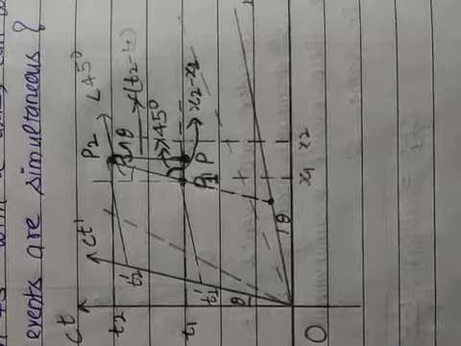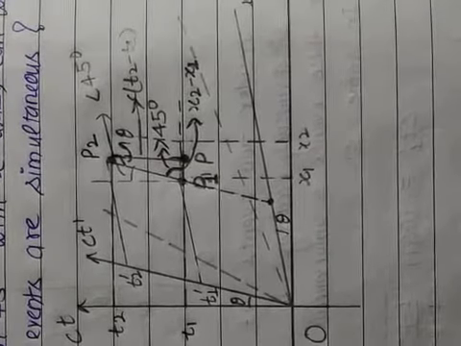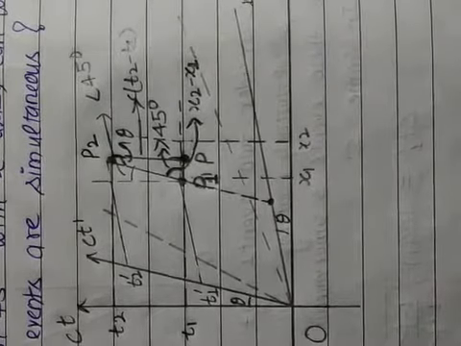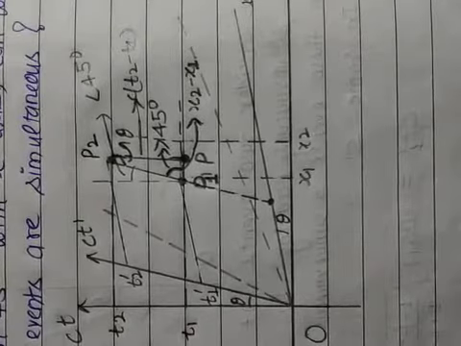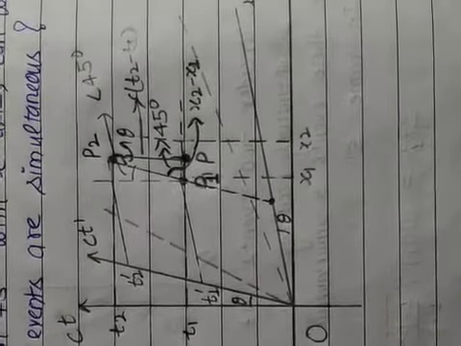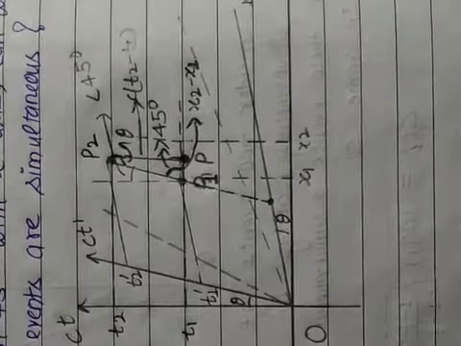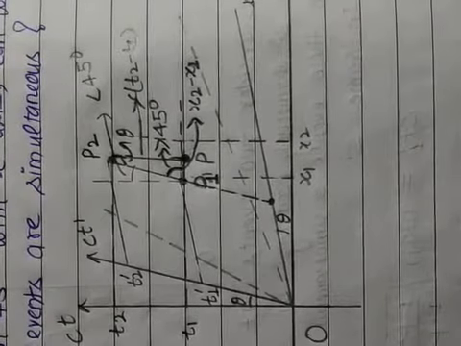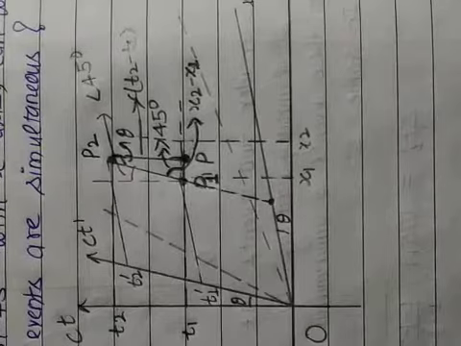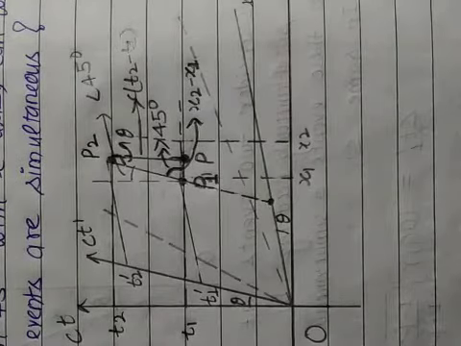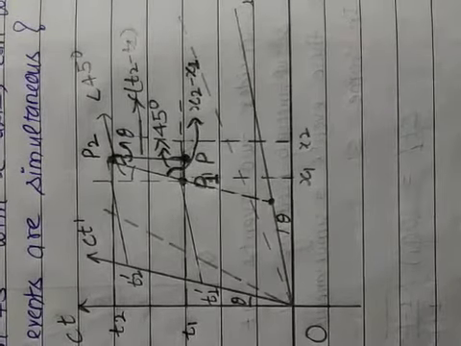Can we find an S prime frame whose axis is parallel to this line? Can we find a frame like this? Try to understand this.